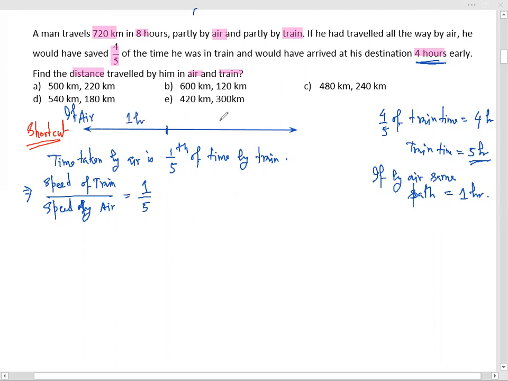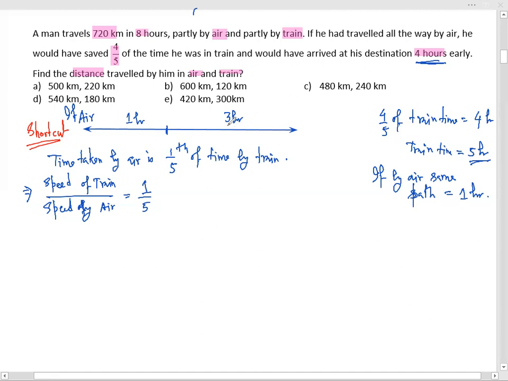The second part, so basically saving 4 hours. Train time is 5 hours. The remaining 3 hours was spent moving by air initially. So the 1 hour by air part was initially taking 5 hours by train, and the 3 hour path was initially taking 3 hours only because this was by air. So this way the entire path has been considered.